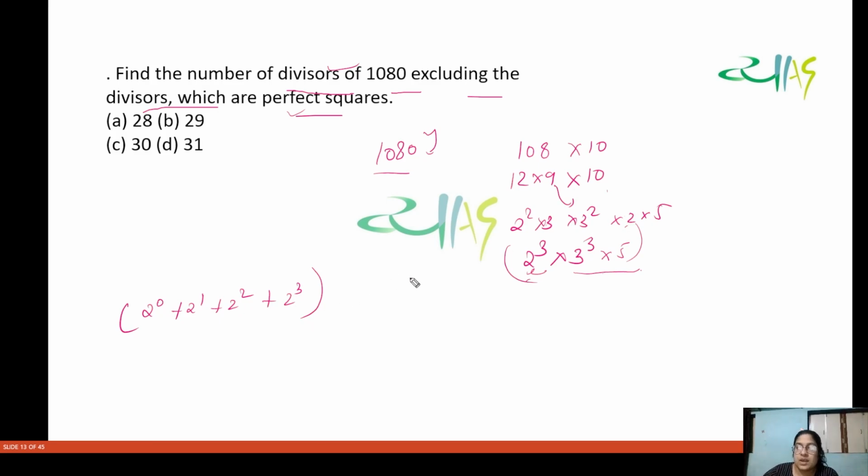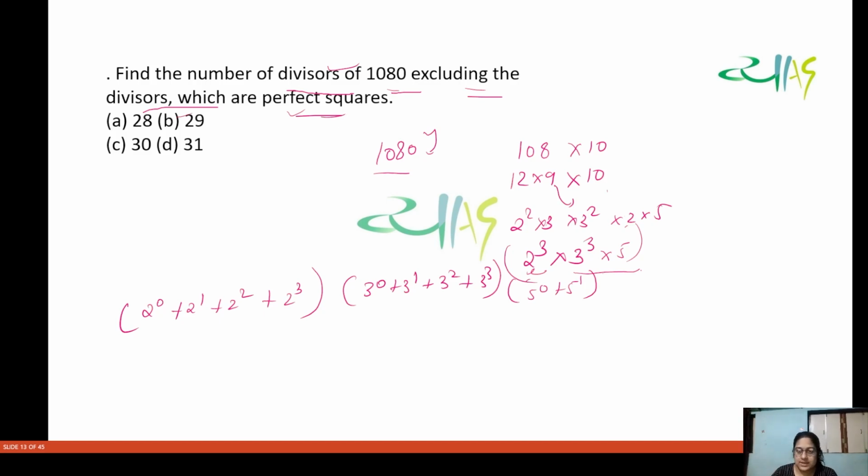And then you have 3 to the power 0 plus 3 to the power 1 plus 3 square plus 3 to the power 3. And then you have 5 to the power 0 and 5 to the power 1.